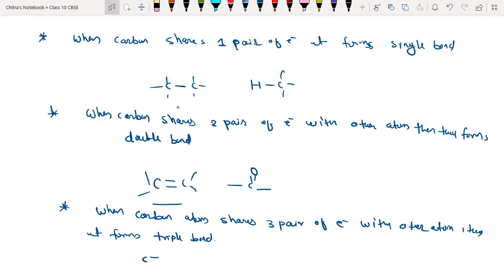Maybe between carbon and carbon, so it is a carbon-carbon triple bond, or along with nitrogen, it will form a carbon-nitrogen triple bond, like this. So this is all about the bonds of carbon.